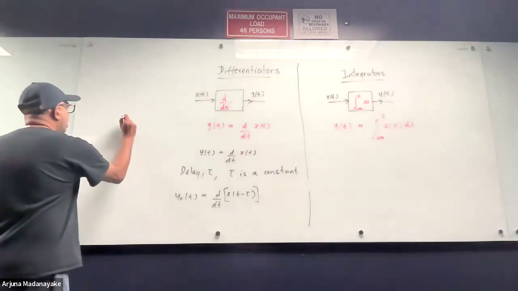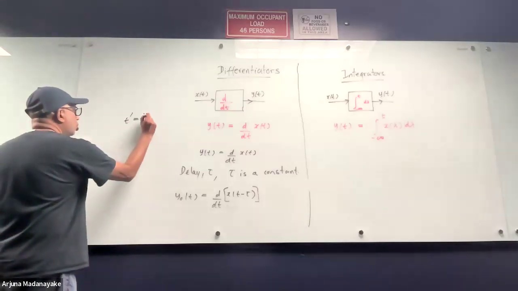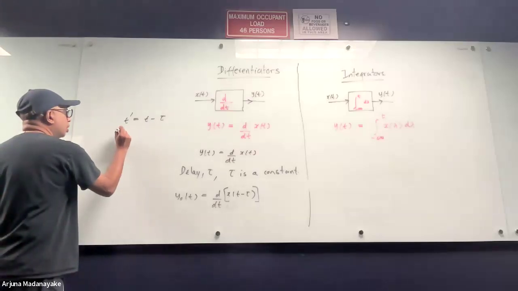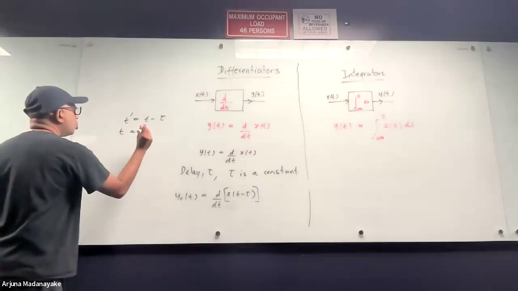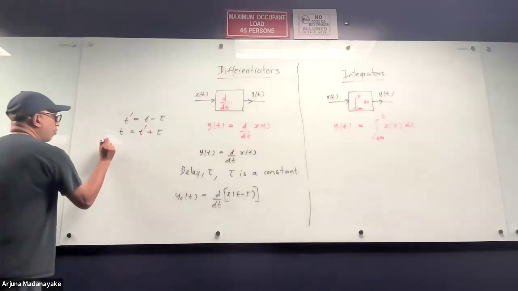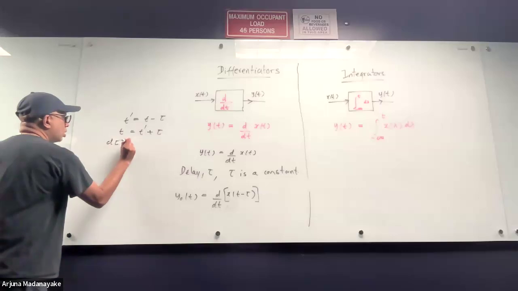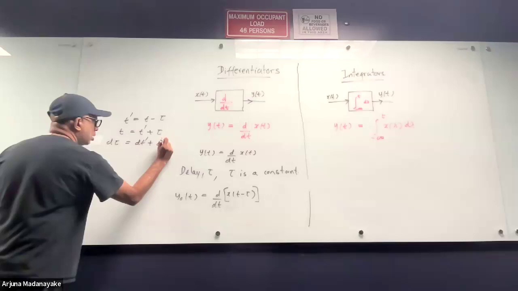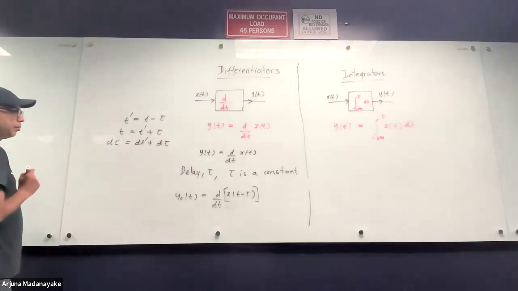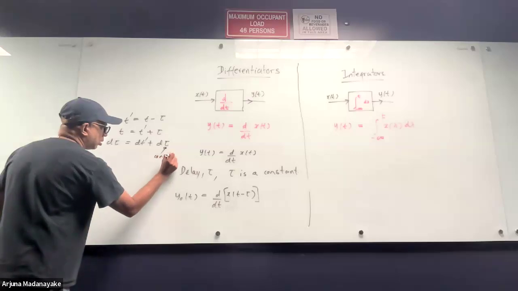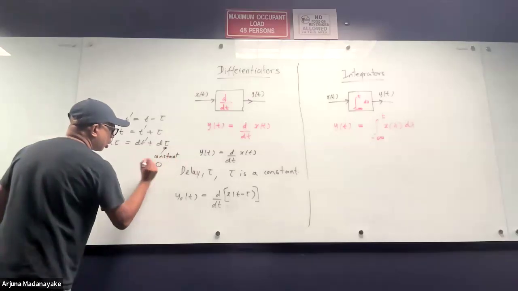So we know that if t prime is equal to t minus tau, then t is equal to t prime plus tau. If I find the differentials, d t is equal to d t prime plus d tau. Tau is a constant, which means this part is 0.